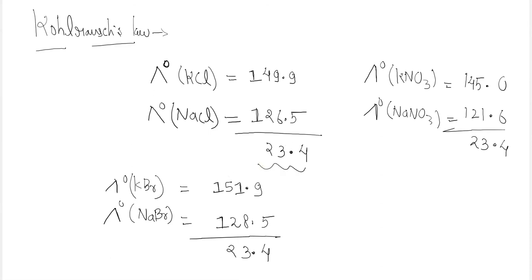For different electrolytes with a common anion, the difference between the molar conductance of K plus and Na plus is always equal to 23.4 only.